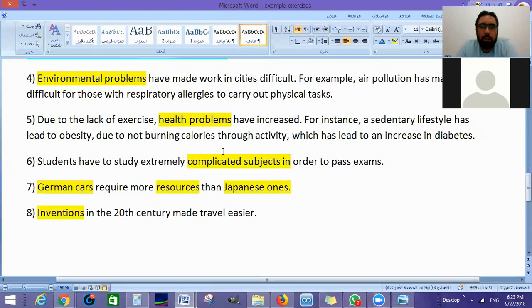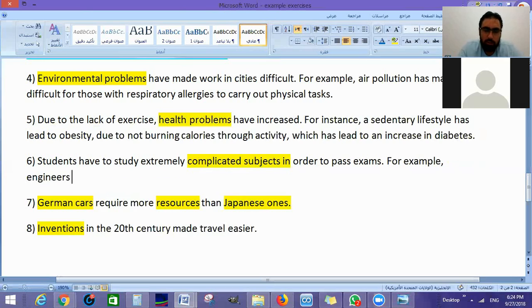Okay, let's take a look at something else. Students have to study extremely complicated subjects. So here, let's write an example. For example, engineers have to study mathematics.